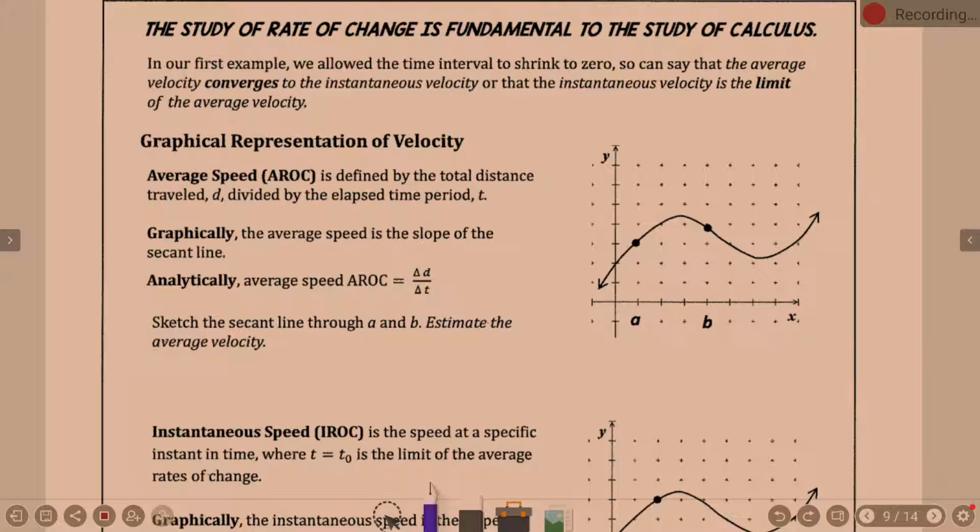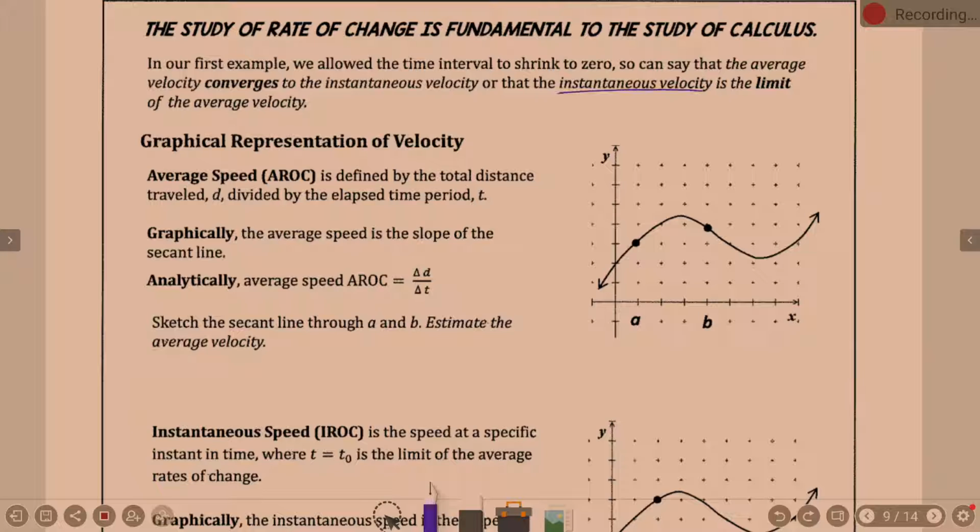We start off today talking about our first calculus lesson, which is about velocity. But where we're leading into, our first unit, is all about limits. Not going to really talk about limits today, but the idea is we allowed the time interval to shrink to 0. So we can say that the average velocity converges to the instantaneous velocity.